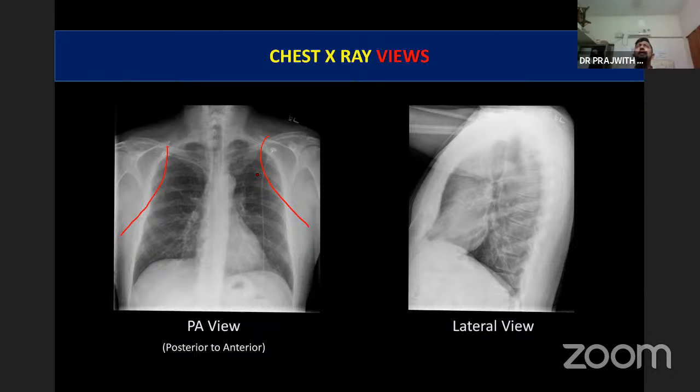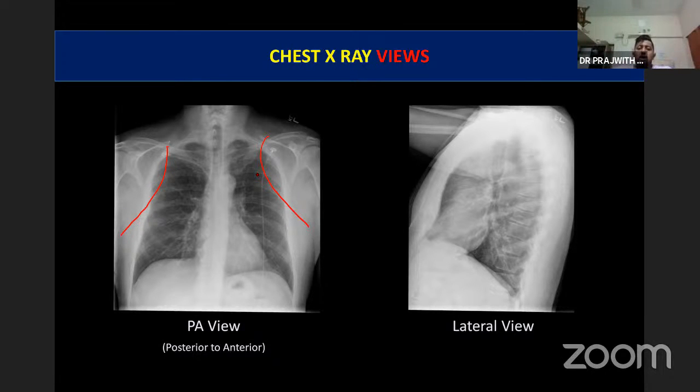So how can I increase the air inside the lung to make it a better imaging platform? What I ask the patient is to take a deep breath and hold. So the patient takes a deep breath and holds, and along with that, holds a hand on the waist and pushes the elbow anteriorly. We get a beautiful image of the chest, of the lung, with no scapula overlapping, the scapula pushed outwards.